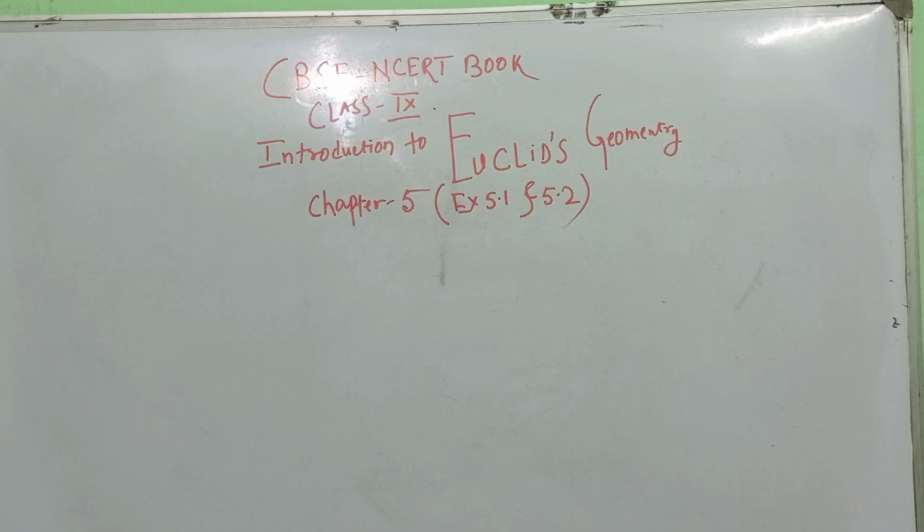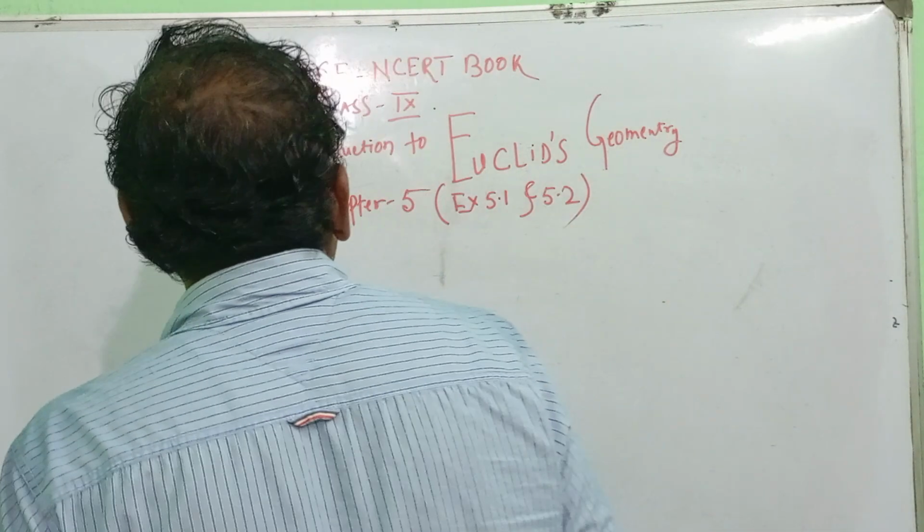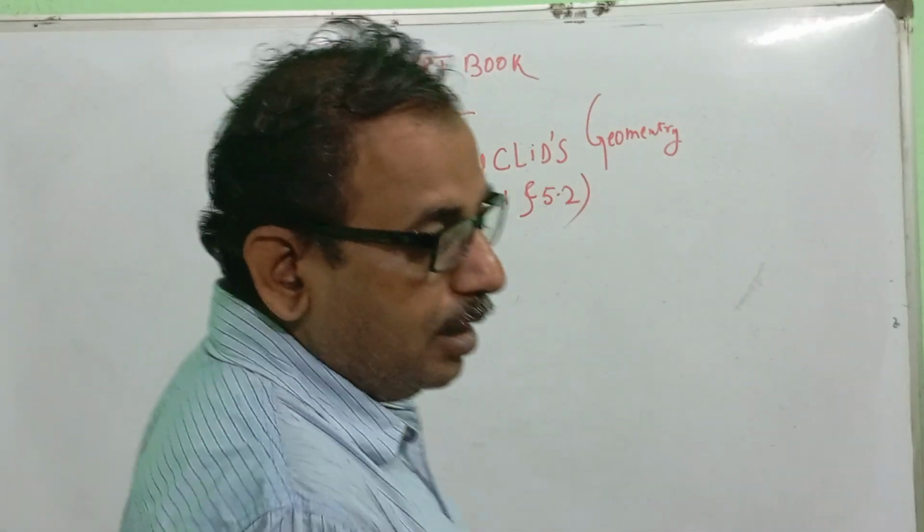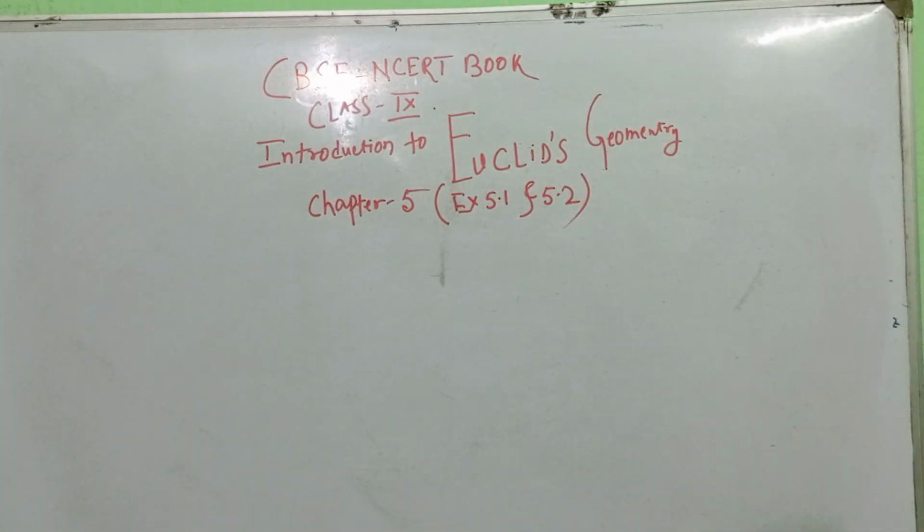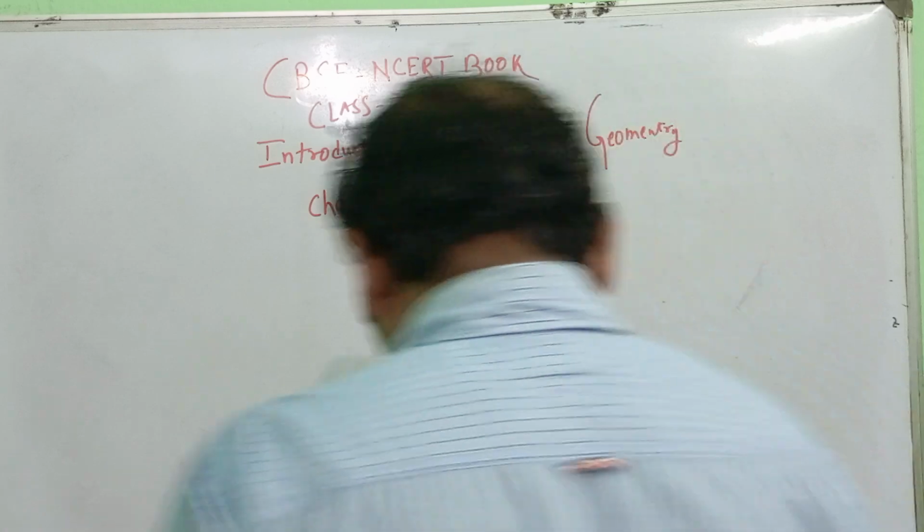Now, when we start with Euclid's geometry, we have considered that in the early mathematics, or in the starting of mathematics, we mentioned some terms which are basically obvious. What is the term called?